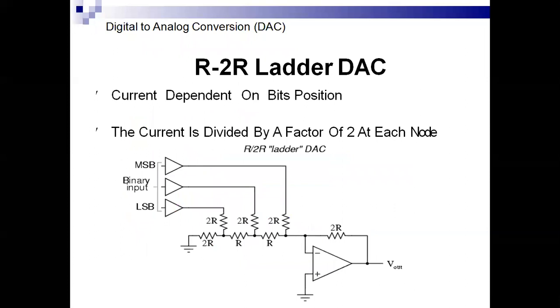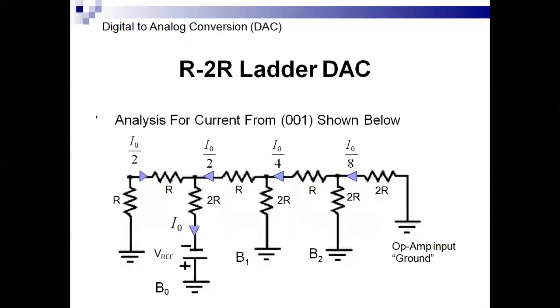Current depends on the bit position. Here we can say the current is divided by a factor of 2 at each node. LSB binary input, MSB, this is called binary input. Now R-2R ladder DAC, analysis for current from 0001 is shown below, that is I0 divided by 2, divided by 2, divided by 4 and divided by 8.